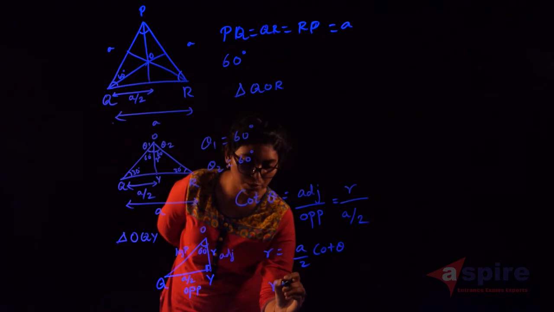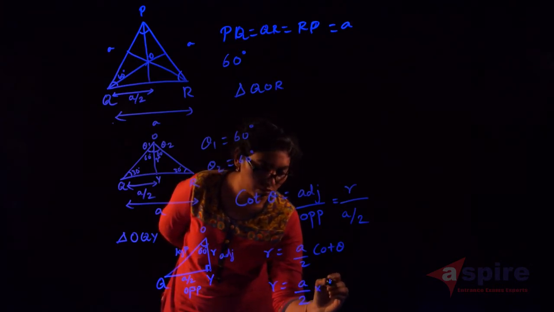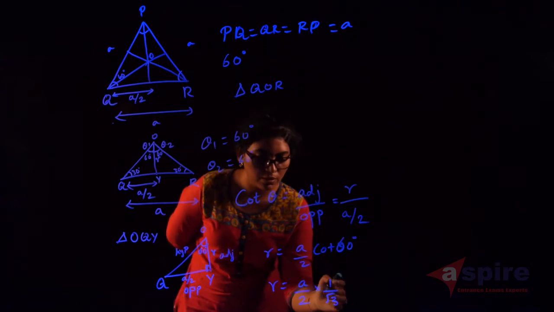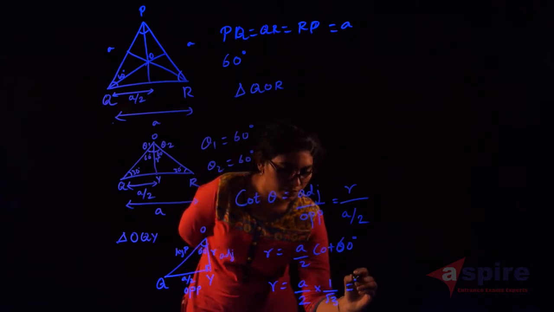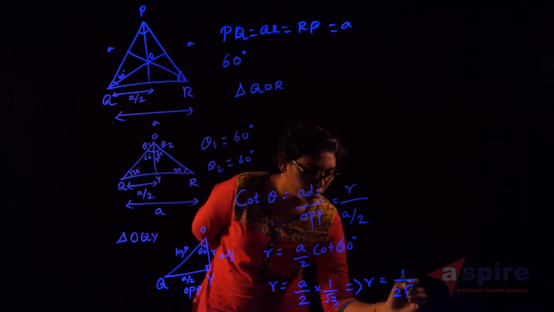So let us substitute this value, A by 2 into 1 by root 3. Cot 60 degree is 1 by root 3. So R is equal to A by 2 root 3.